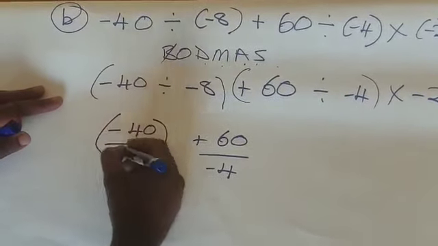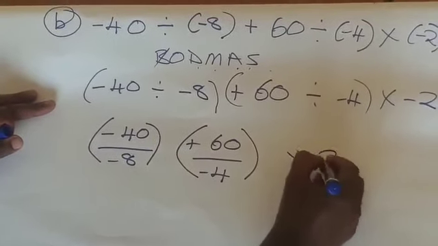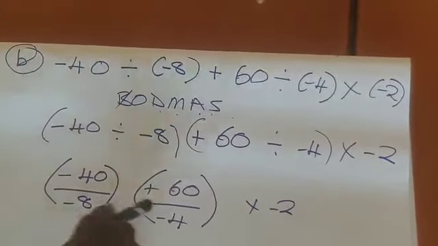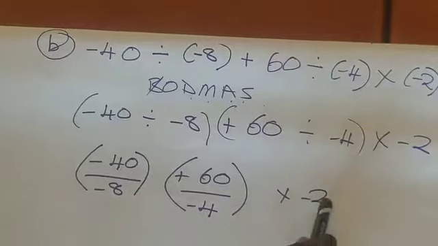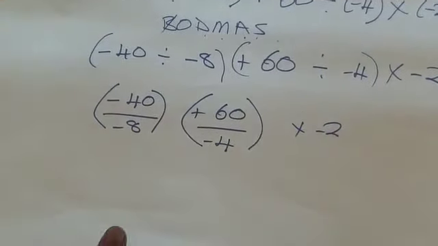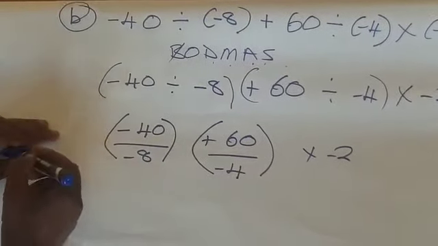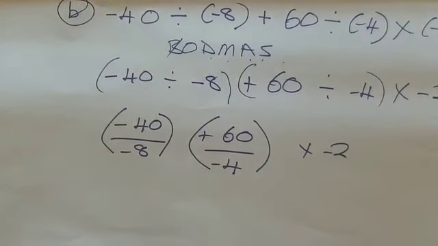You can reintroduce the brackets just for the sake of dealing with these two division questions. Then don't forget to bring down this so that you can move in a correct way. What you're supposed to remember is that the rules for division and multiplication are the same.